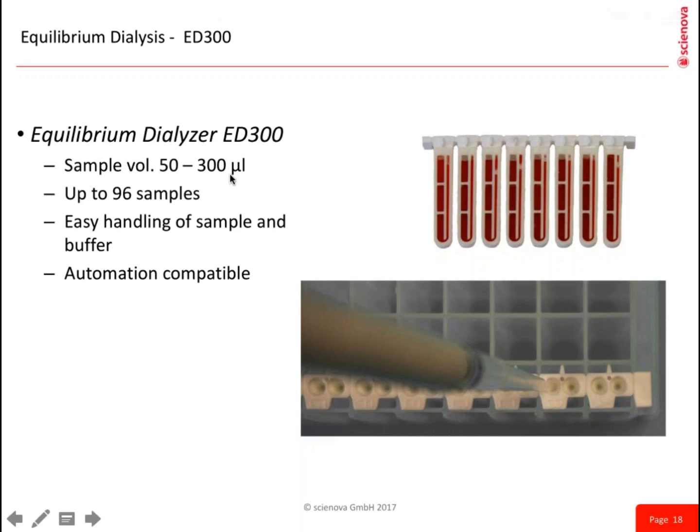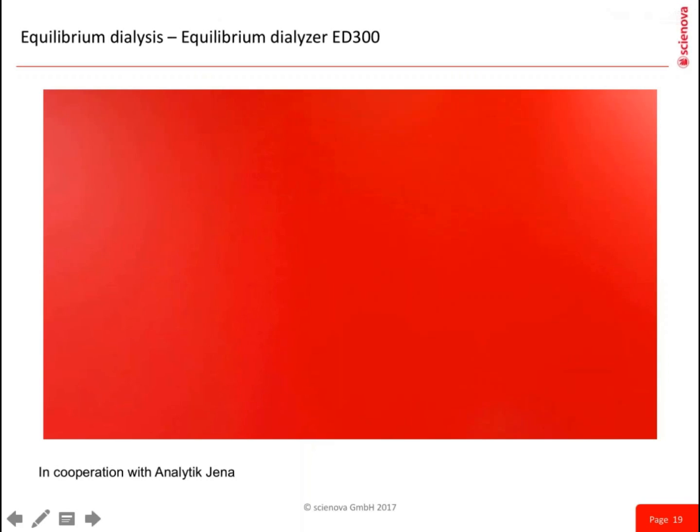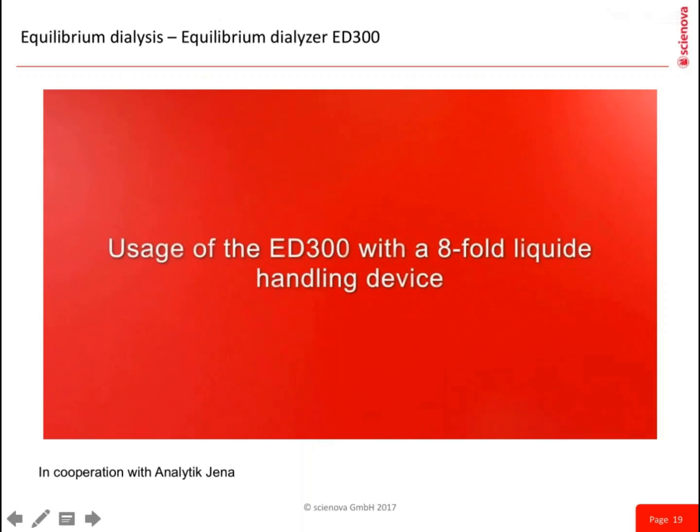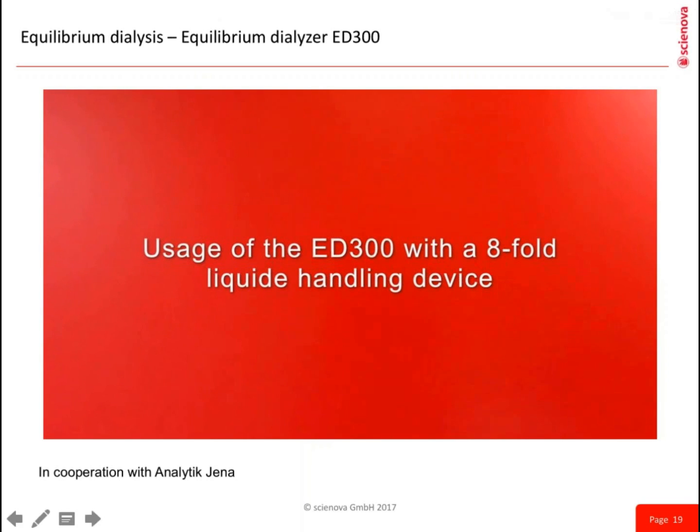You can use up to 300 microliter sample, can use up to 96 samples in each plate, and it's automation compatible too, which I want to demonstrate in a short video. You can see this ED300 in a liquid handling device.